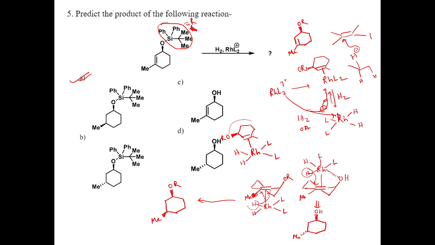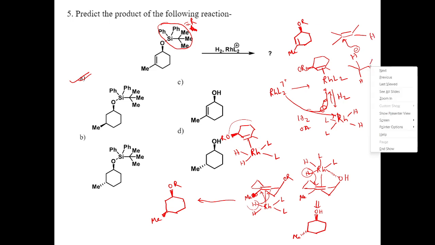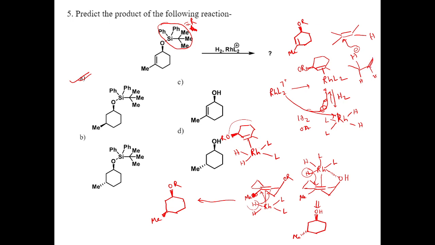It doesn't matter because one is already hydride. So this is a methyl group and this is an alkyl group that adds here. So this ME is always in the upward direction.